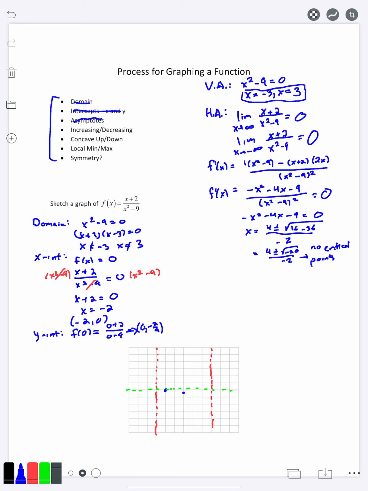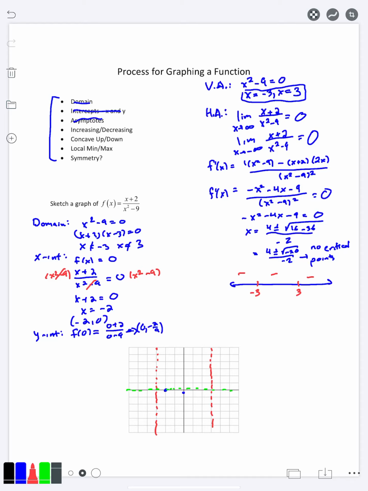Now what that means is if you're looking for when the derivative is positive or negative, there's no critical points to mark. However, there are points to mark because of your domain here. There's a break in the function at 3 and another break at negative 3. So then we just need to look at positive and negative in this region here. So if I look at 0 on the derivative, I would get a negative answer. If I were to look at, let's say, 5, I'm going to get a negative answer.